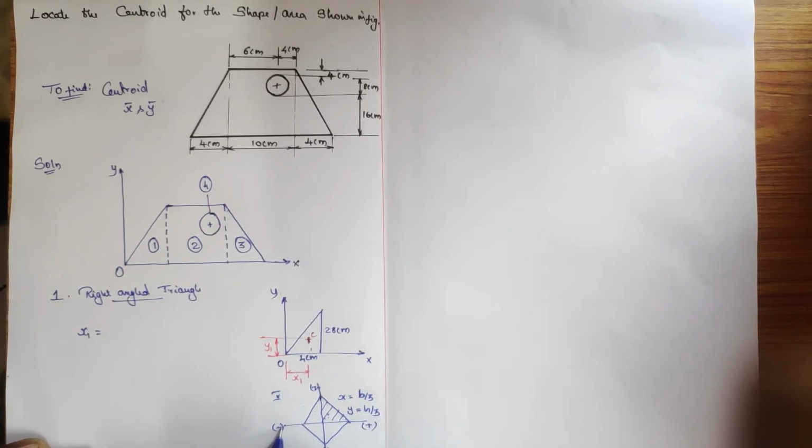Here the x-axis is negative, so for the negative axis we need to multiply by 2. So 2 into b divided by 3, the same formula, but it's a trick.